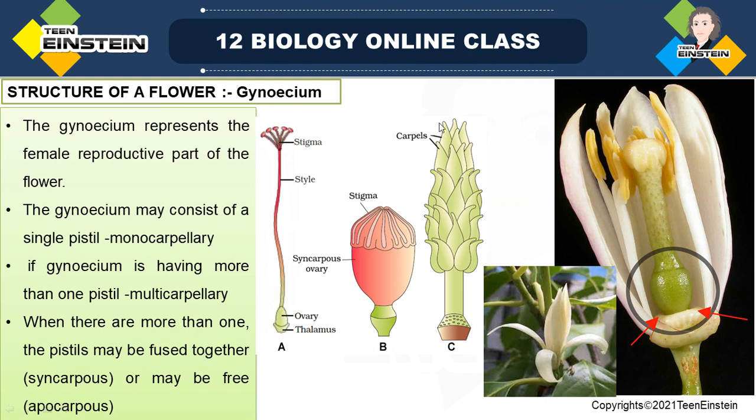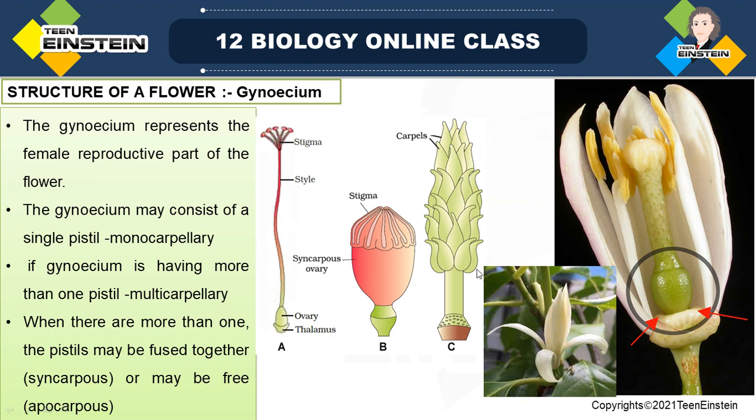One means it is called as monocarpellary, or gynoecium sometimes may have more than one pistil or more than one carpel. It is called as multicarpellary. If there is more than one pistil, sometimes they may be fused. That condition is called as syncarpous.